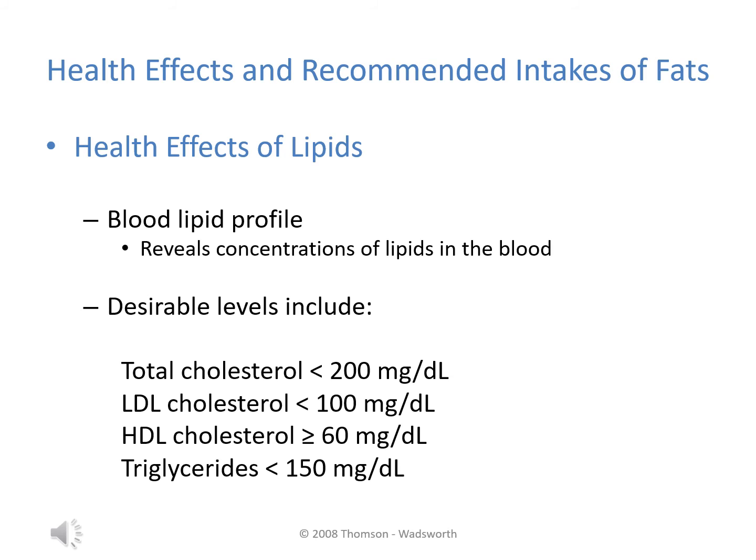Total cholesterol, ideally, we would desire to be less than 200 milligrams per deciliter, LDL less than 100, HDL greater than 60, and triglycerides less than 150 milligrams per deciliter.